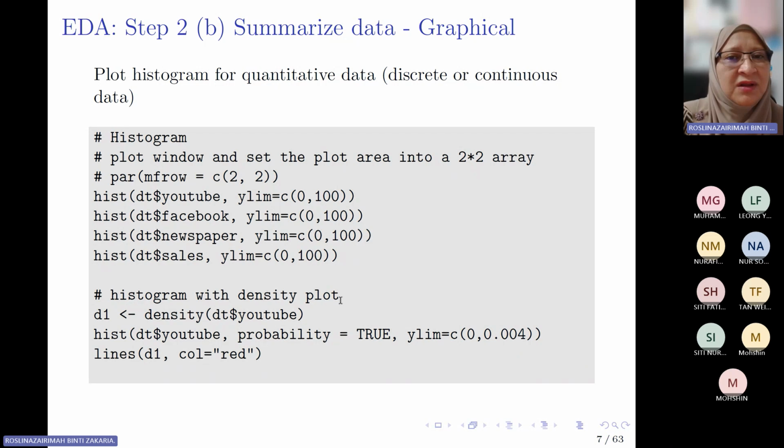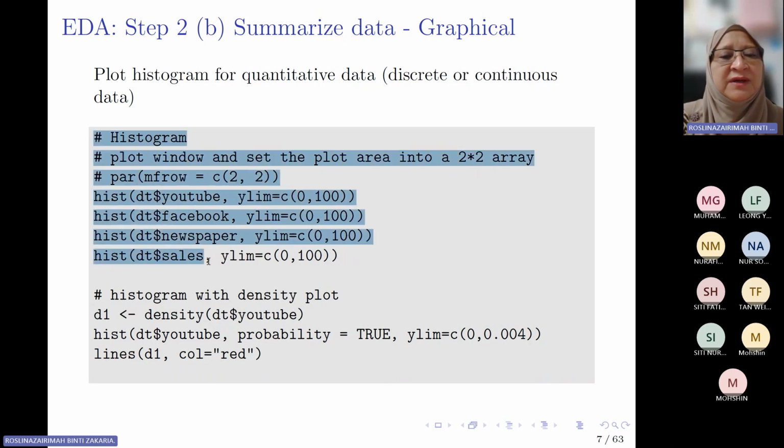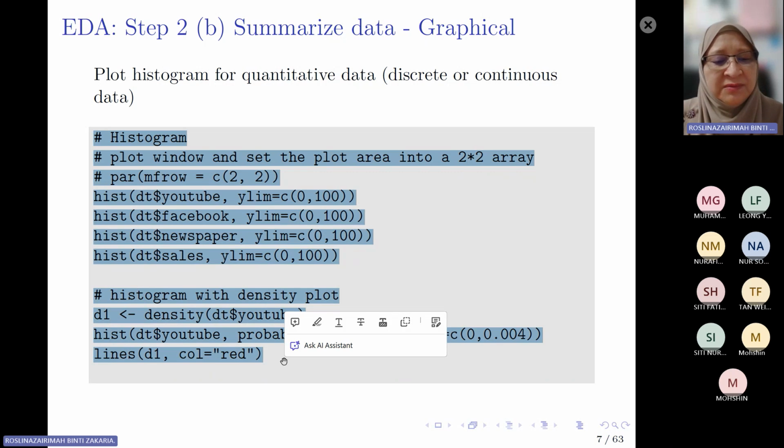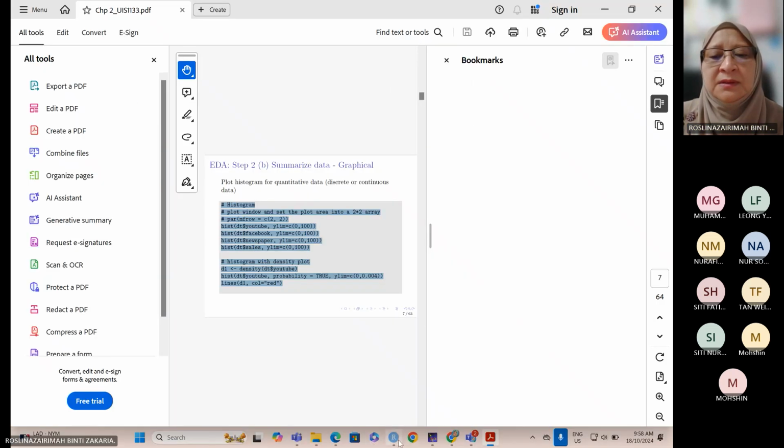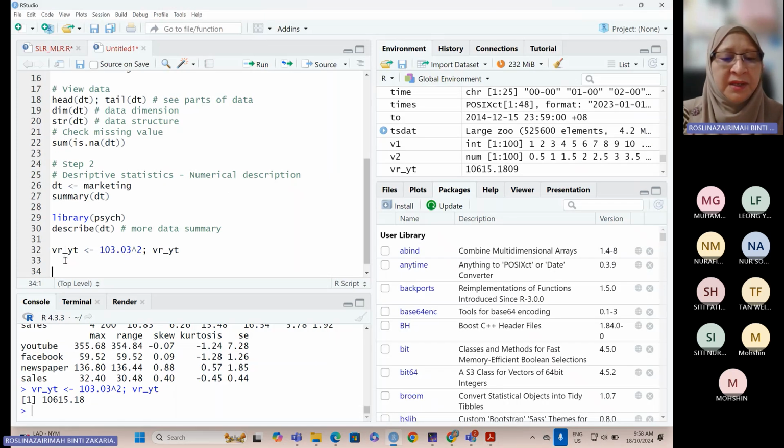Since our data is all quantitative and continuous, you do a histogram, which works for discrete or continuous data as long as it is quantitative. There are many plots. I show different types of plot for each variable, and from there we can compare.